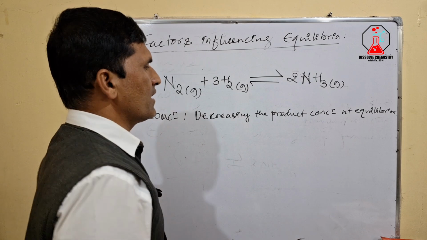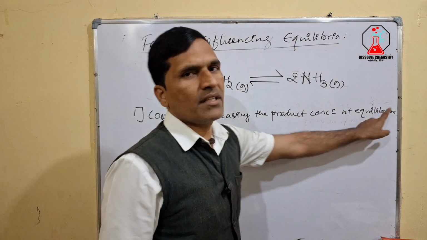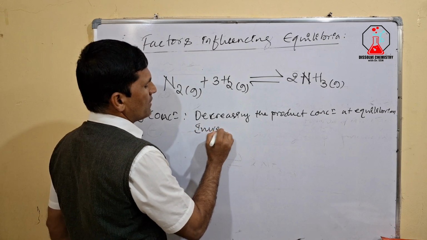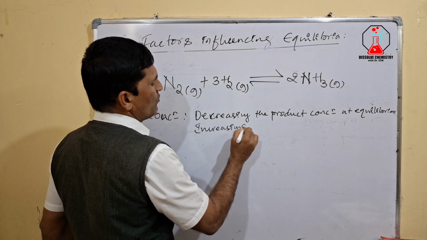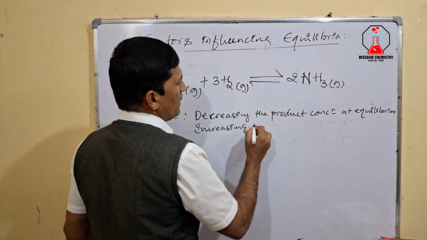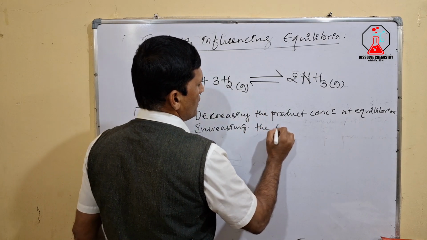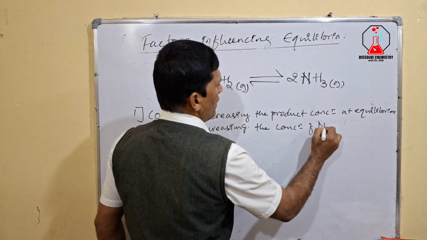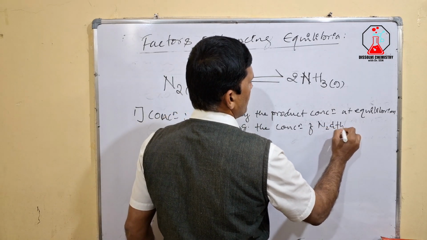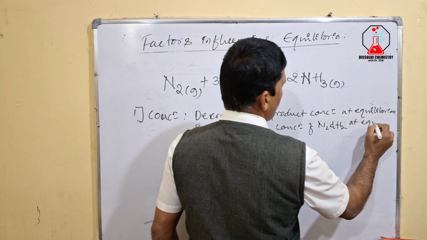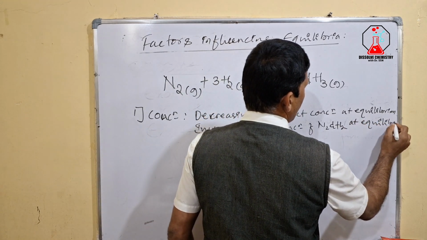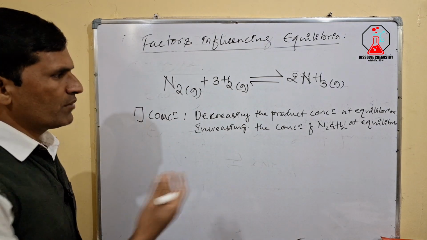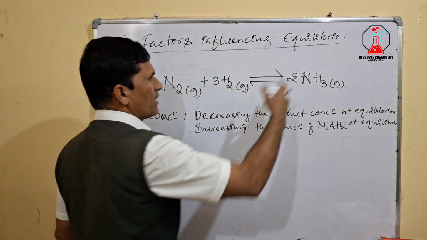This is one point, decreasing the product concentration at equilibrium. And second one is increasing, means we should add more and more nitrogen and hydrogen, increasing the concentration of N2 and H2 at equilibrium.